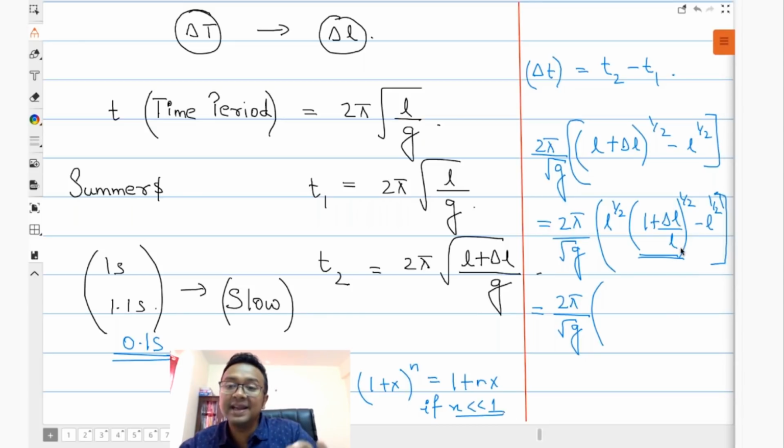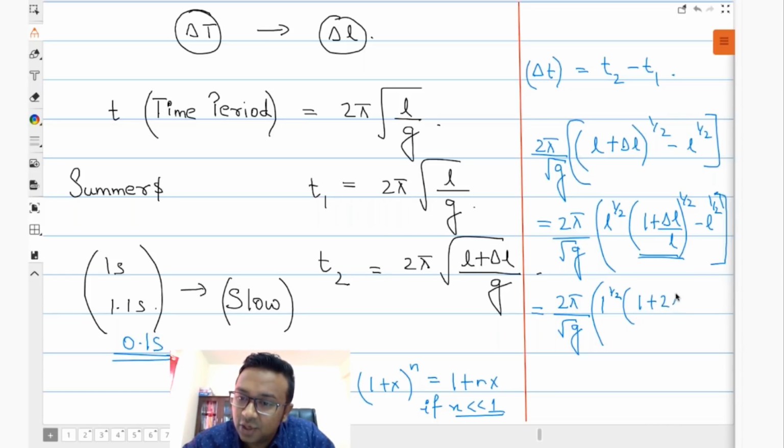And definitely delta L by L is going to be a very small value, primarily because delta L depends on alpha, and alpha value is very less. So delta L is going to be less, and delta L by L is going to be even further less. So I can have this as L to the power 1 by 2 times (1 plus 1 by 2 times delta L upon L), minus L to the power 1 by 2.